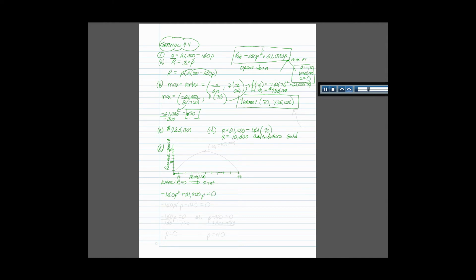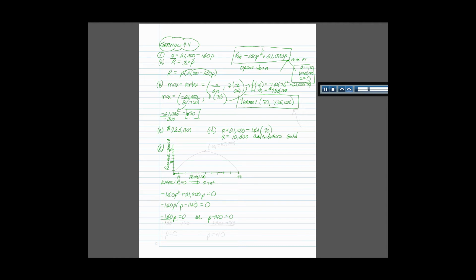Remember, that's our formula for R. So I can factor out a negative 150p, and I am left with p minus 140 equals 0. And now I have two factors that are equal to 0, so that I know either negative 150p equals 0 or p minus 140 equals 0.